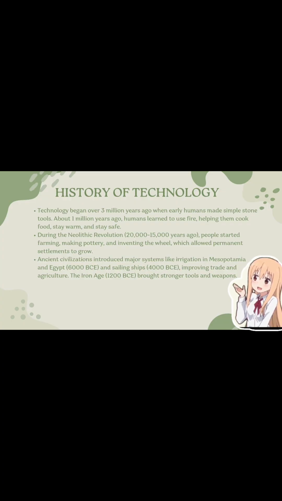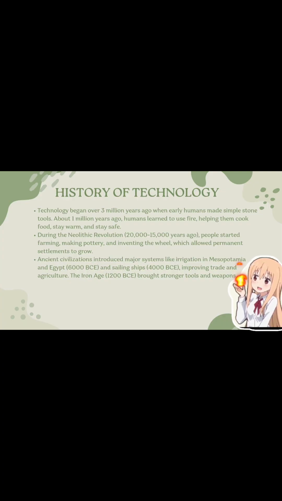In early times, about 3.3 million years ago, the first stone tools were made. It helped early humans hunt and survive. About 1 million years ago, humans learned to use fire for cooking, warmth, protection, and also light. But how did they discover fire?